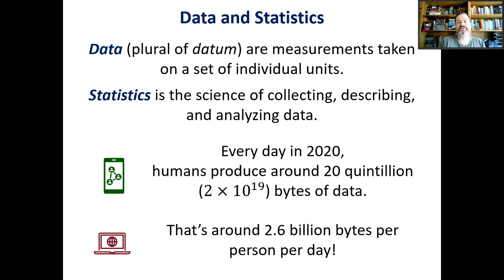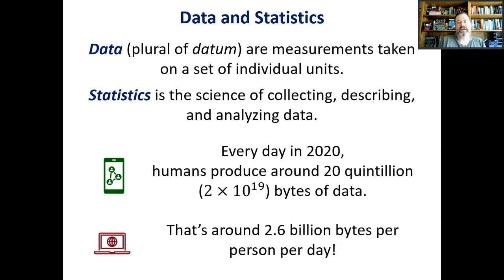And statistics, for our purposes early on in the class, is just the science of collecting, describing, and analyzing the data that's collected. That's probably what you thought it was. But later on, we're going to have a different use of the word statistics. For now, it's just the name of the course.